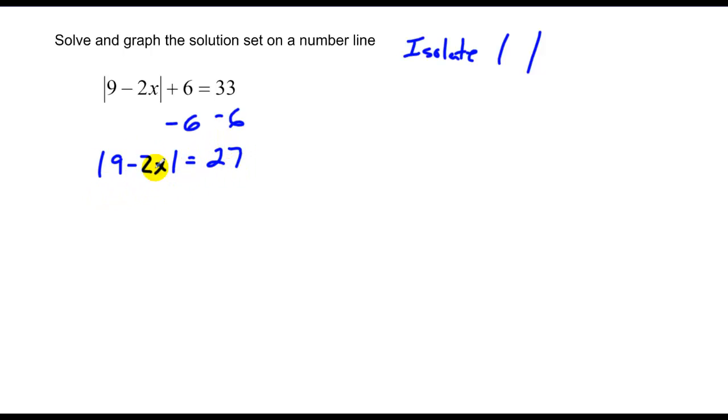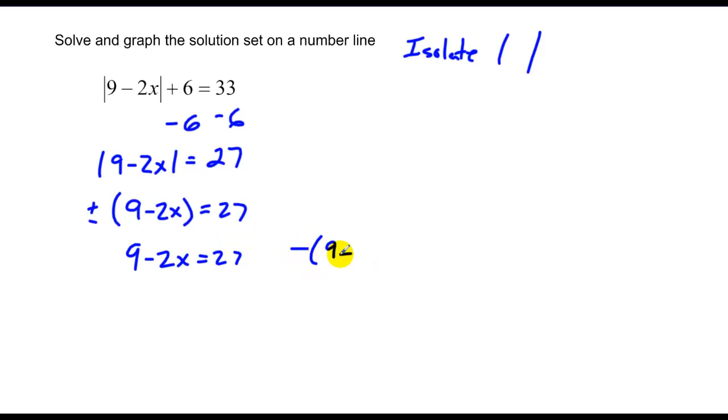And now I want to pull this from the absolute value. So again, I say, well, plus or minus 9 minus 2x is equal to 27. So my two equations are 9 minus 2x is equal to 27, and negative 9 minus 2x is equal to 27.